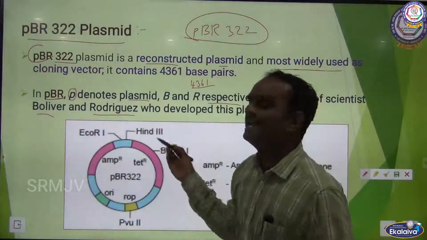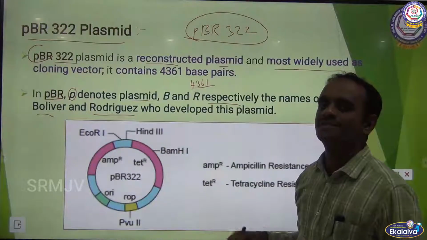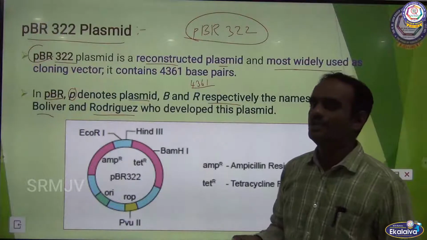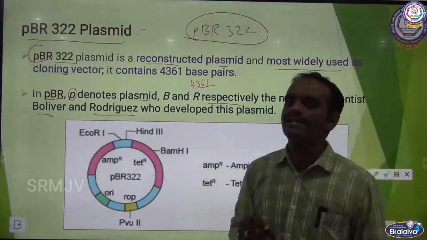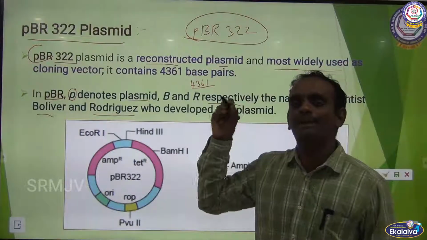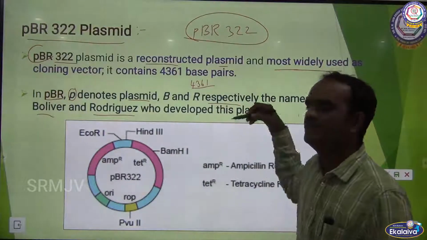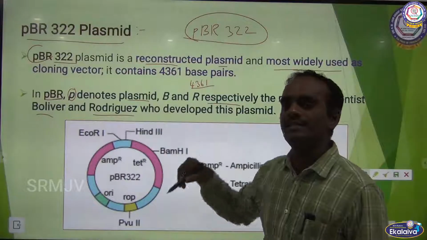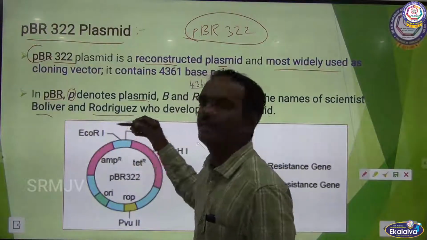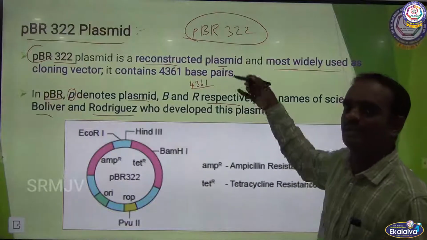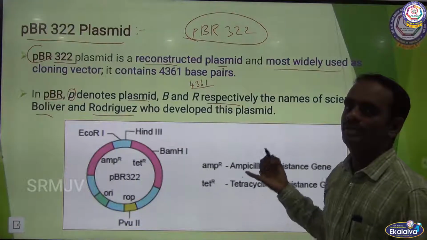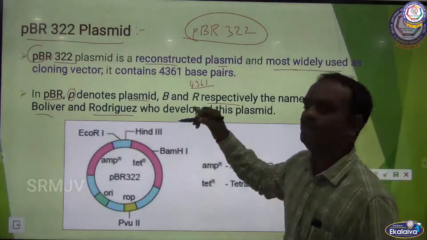They are the two scientists who developed the plasmid pBR322. So small p represents plasmid, and capital B and capital R represent the first letters of the scientists' names, Bolivar and Rodriguez.